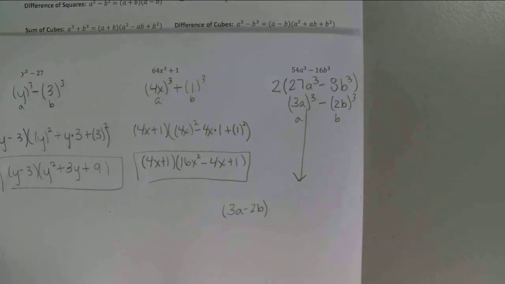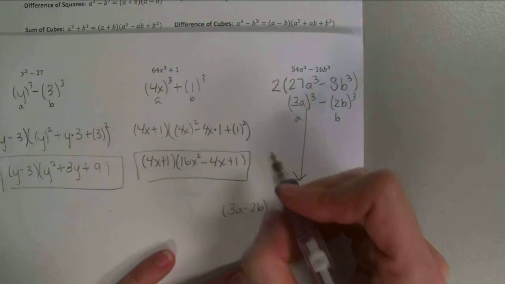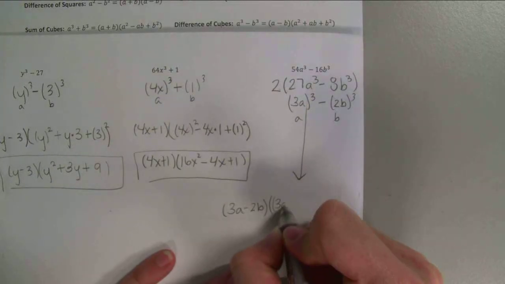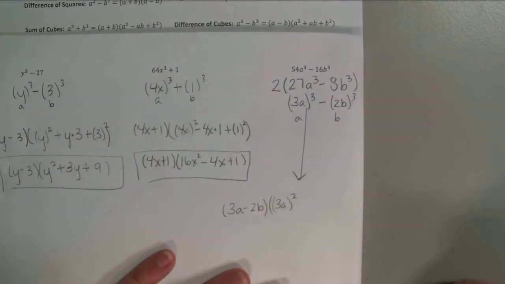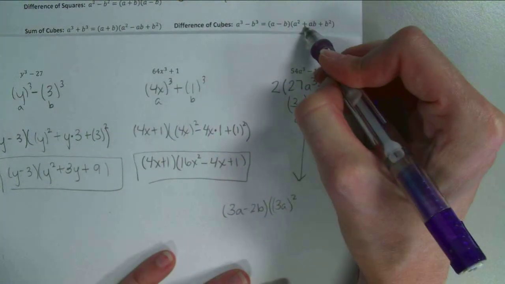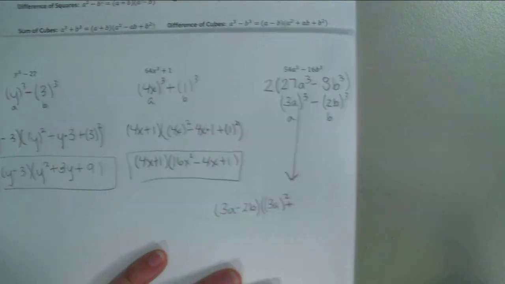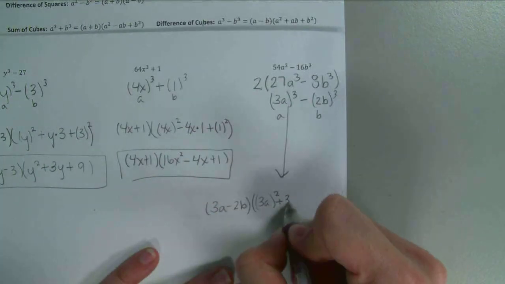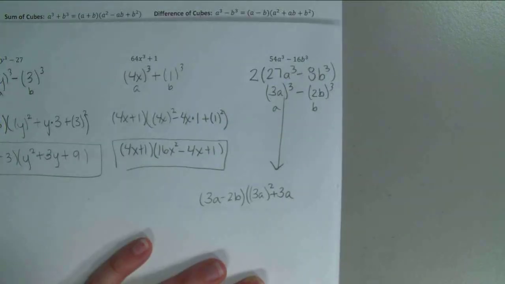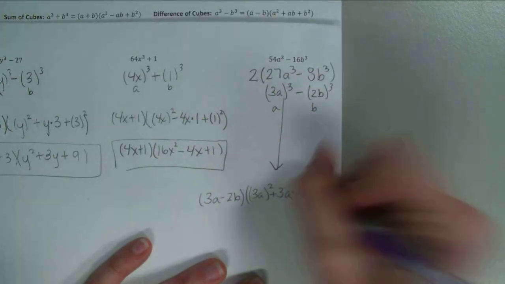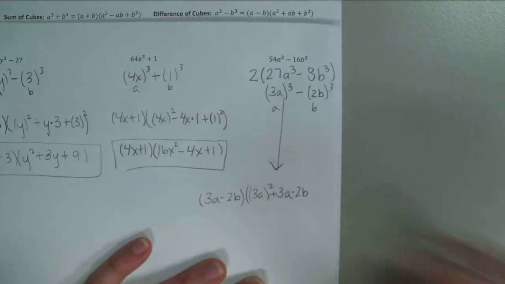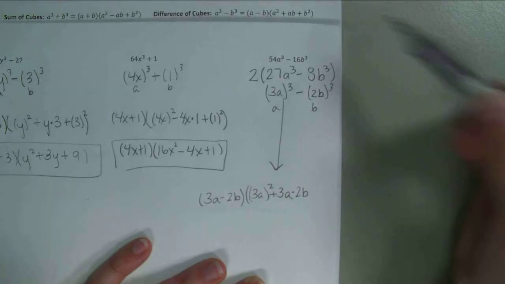But notice both our A term and our B term have a coefficient with it. So when we square it, we have to make sure we square the coefficient and the variable. So I put parentheses around it. So this will be 3A squared, plus sign, because that's what the formula says to do, plus A, which in this case is 3A, times B, which in this case is 2B, plus B squared.